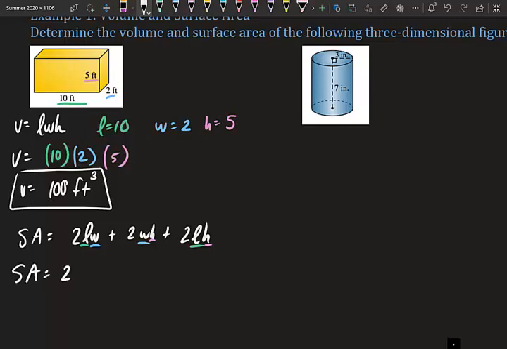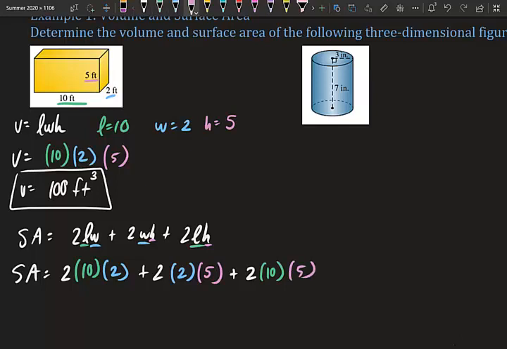We have 2 times L, which is 10, times W, which is 2, plus 2 times W, which is 2, times H, which is 5, plus 2L, which is 10, times H, which is 5.